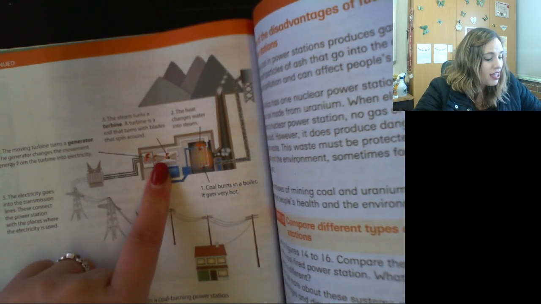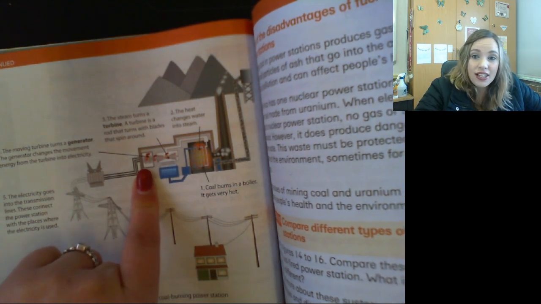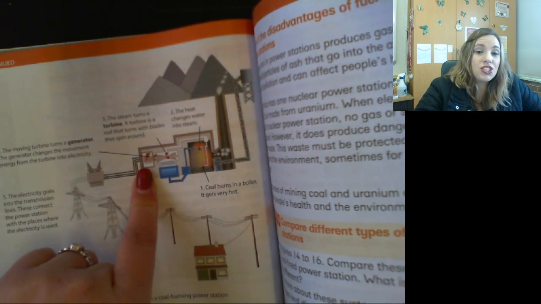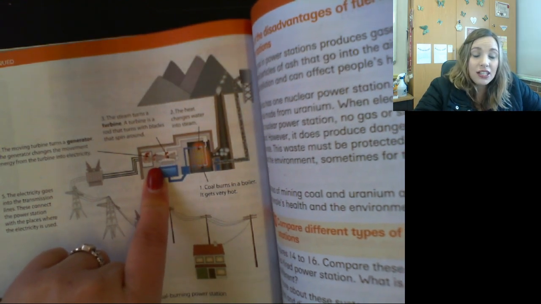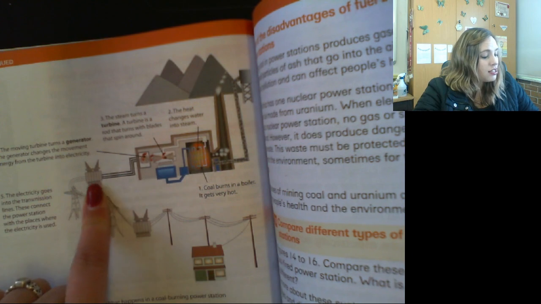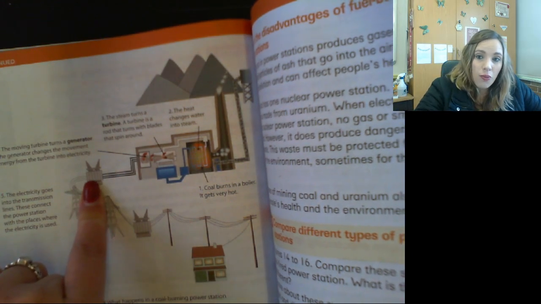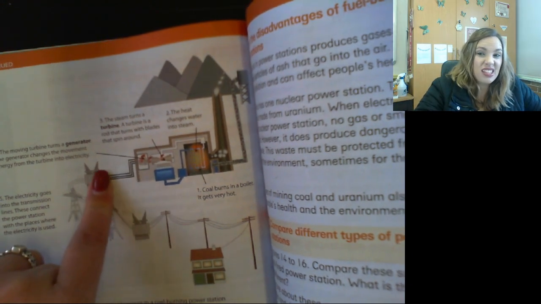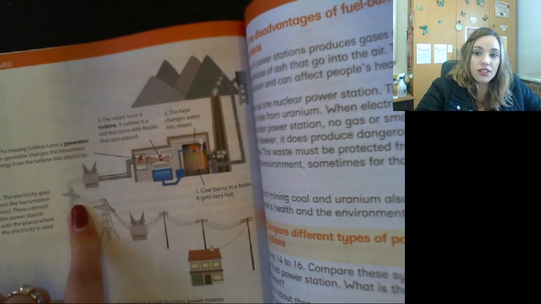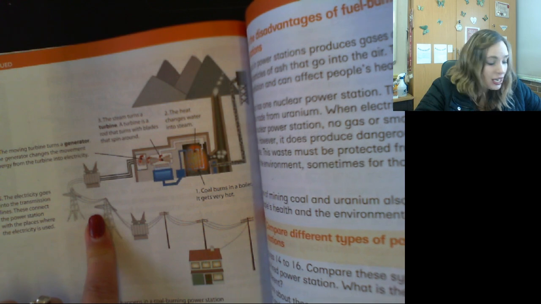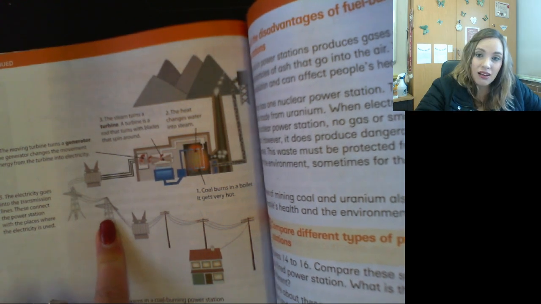All right, and that is then connected to the generator, which is the machine that changes the kinetic energy into electrical energy that then sends it to our first transformer, which we learned is a step-up transformer, then sends it along the transmission lines that are held up by the pylons.